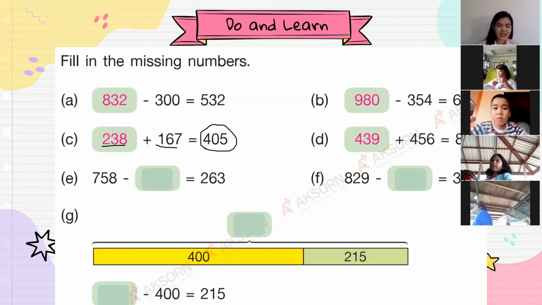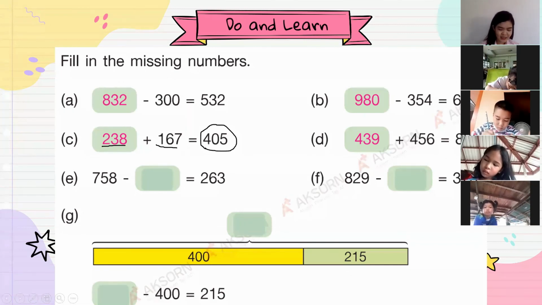So the answer is 439. Very good. So did you get it? So if you're going to check your answer, 439 plus 456 is equal to 895. Okay?